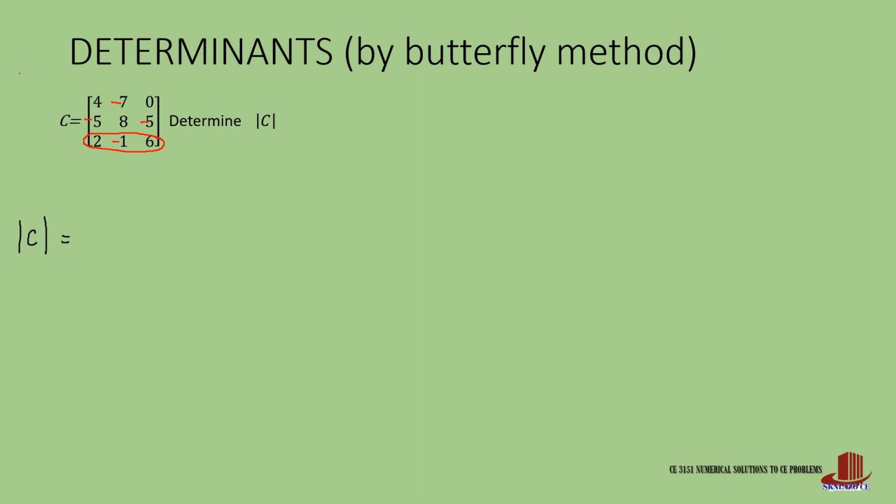The determinant of C this time would be positive 2 with our determinant or cofactors given as 7 and 0, then 8 and 5. This would be followed by a negative 1 with its determinants or cofactors taken as 4 and 0, then 5 and 5.